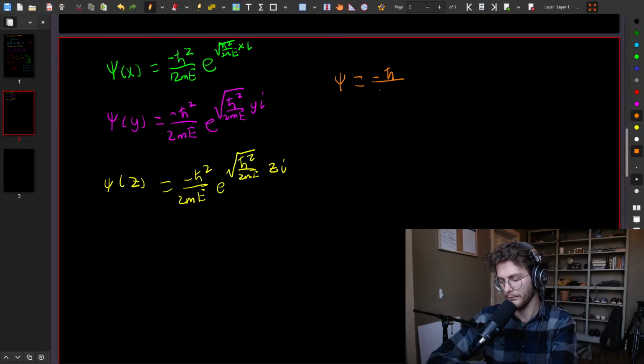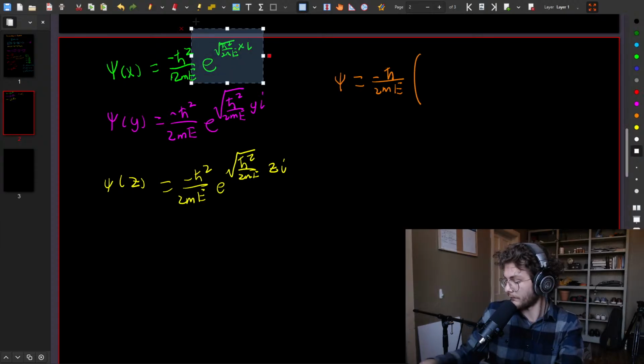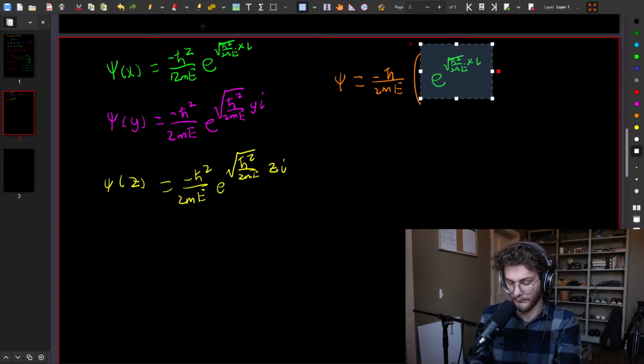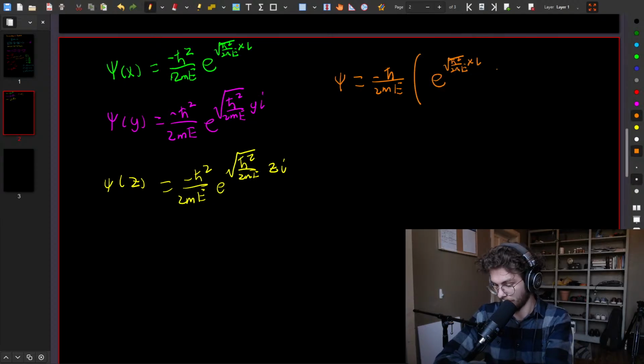H bar over 2m e times, we're gonna literally copy paste. Control C, Control V. Move this thing here. Plus. No, don't make it orange. It's cool when it's multicolored.